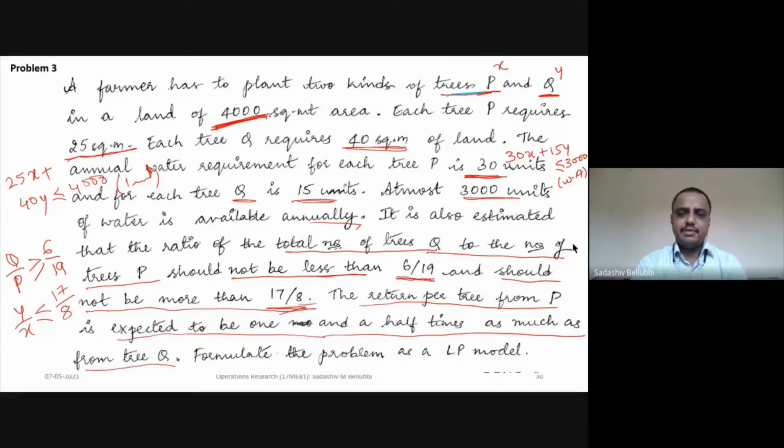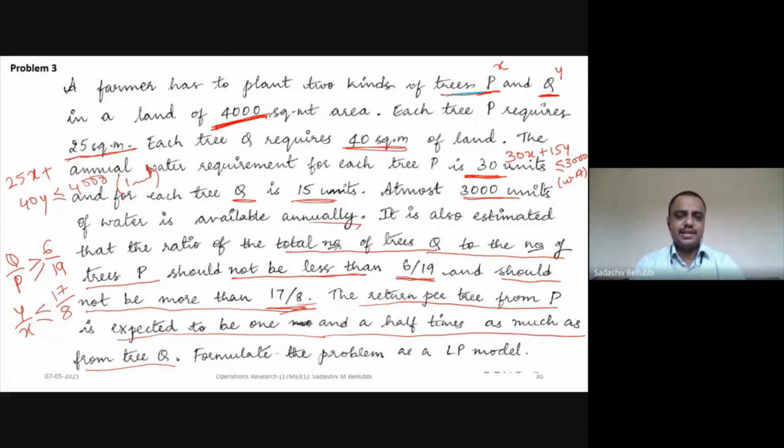So can anyone tell me whether it's a minimization problem or a maximization problem? Just read this last statement: the return per tree from P is expected to be 1.5 times as much as from tree Q. Can anyone tell me whether it's a minimization problem or a maximization problem?